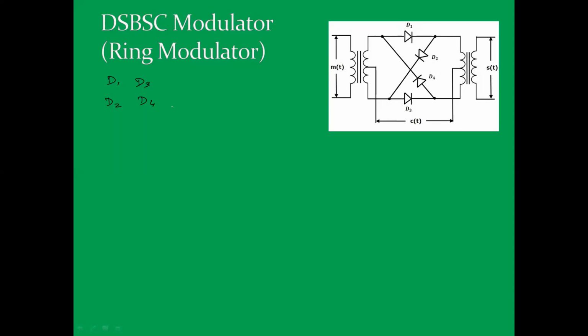If you are going for a bridge rectifier, you will see that in that case also 4 diodes are working. Similarly, here the ring modulator is also working with 4 diodes, and at a time any 2 diodes will be in the same condition.